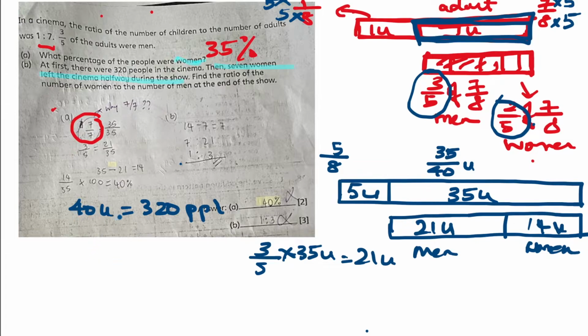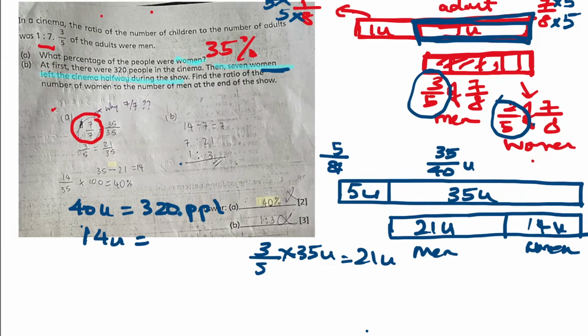If 40 unit in total, this whole thing, is 320 people, I have a total of 14 unit. I cannot use 14 and minus 7 because now I'm talking about women. I'm not talking about unit. I need to change it and see how many women are there.